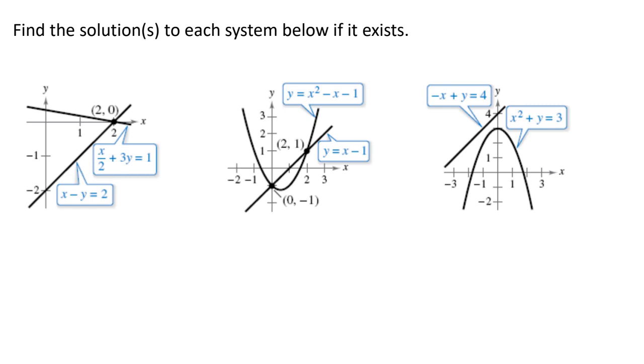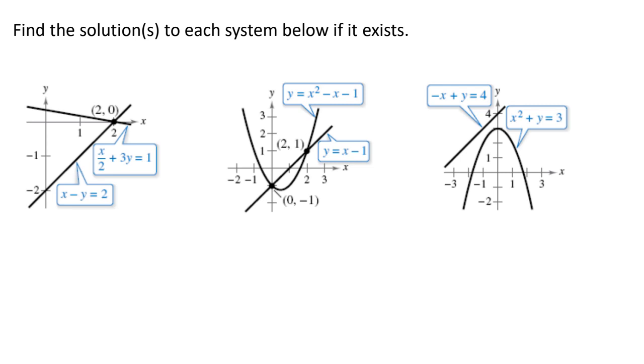On this middle one, we have a linear equation graphed with a nonlinear equation. This is a parabola, so we have a quadratic with a linear equation. In this example, our line crosses the parabola at two points, at (2, 1) and at (0, -1).